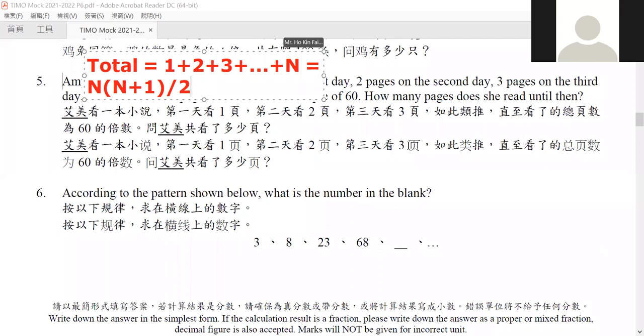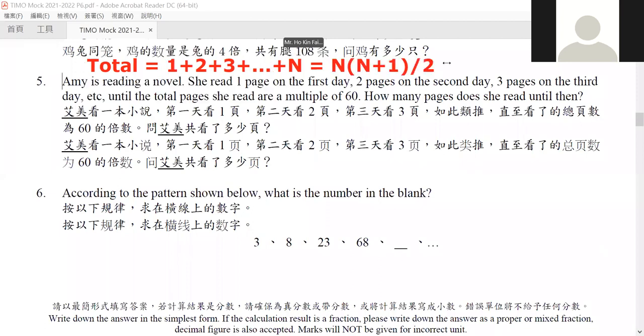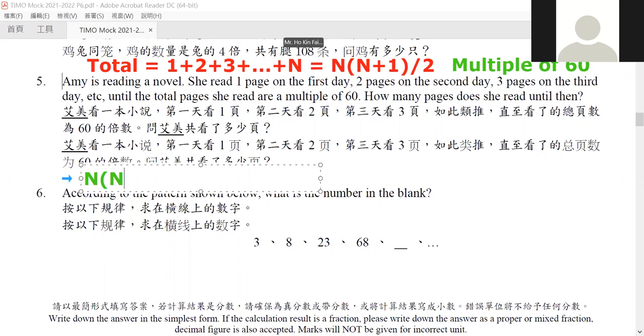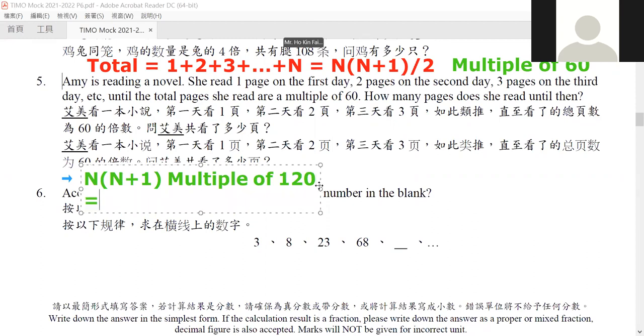But then we know that this must be a multiple of 60. So we want to ask, what number n is such that this will be a multiple of 60? If n times n plus 1 divided by 2 is a multiple of 60, it means that n times n plus 1 must be a multiple of 120, because we multiply both sides by 2, right?